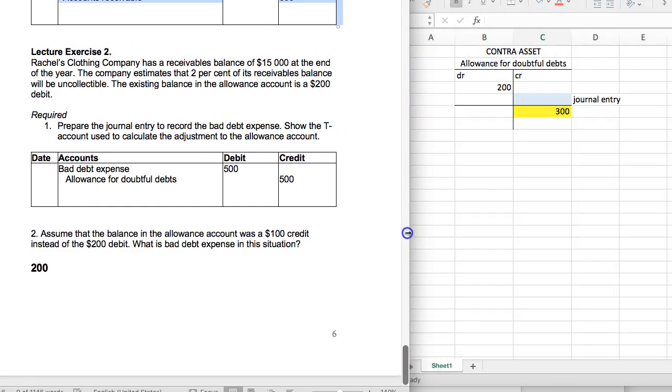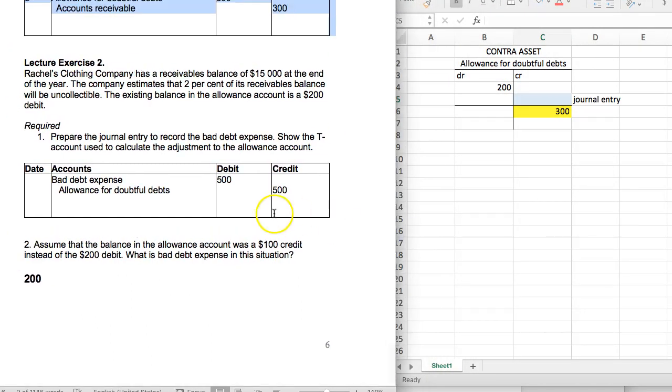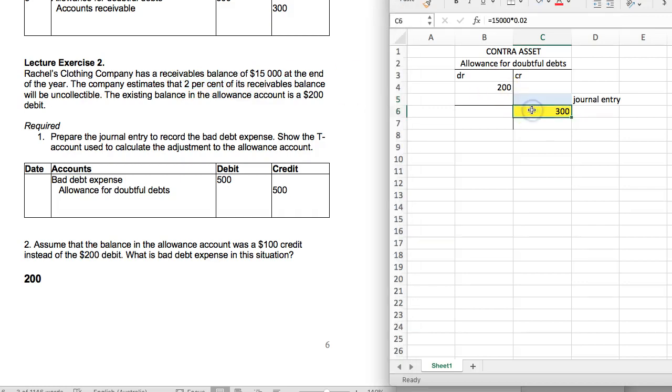All right, taking a look at question 2, you will need to make a T account for this one. And we have a receivable balance of 15,000 and we estimate 2% is uncollectible. So 15,000 times 2%, and you're going to get this ending balance for the allowance, it's 300.